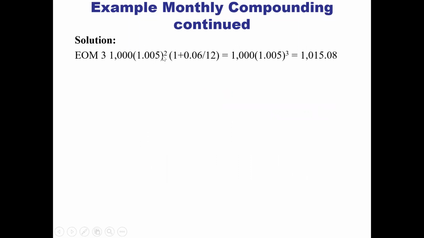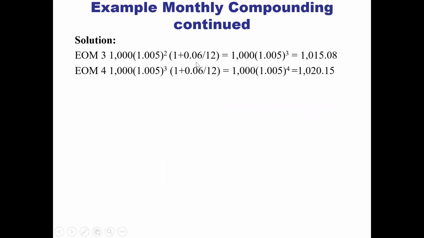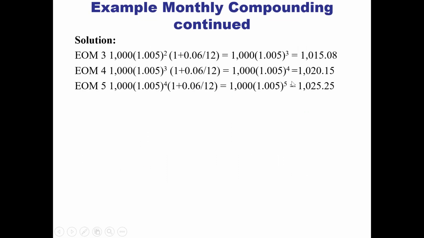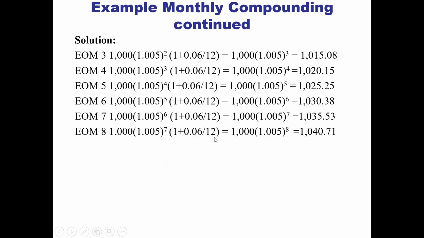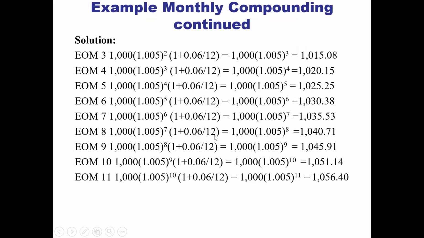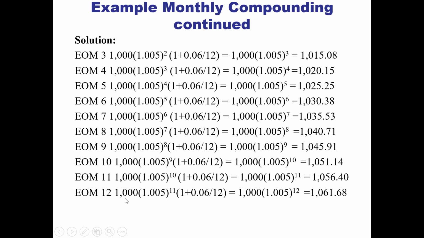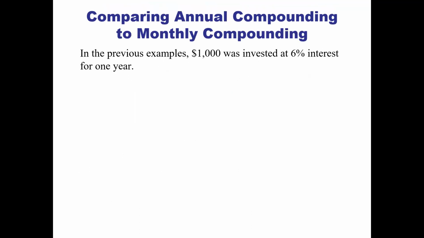The exponent goes up to 3, then 4, 5, 6. This is why I didn't handwrite all this out, because it's a lot of writing. But at the end of the 12 months, we have 1,000 times 1.005 to the 12th, and that's going to be our ending value.